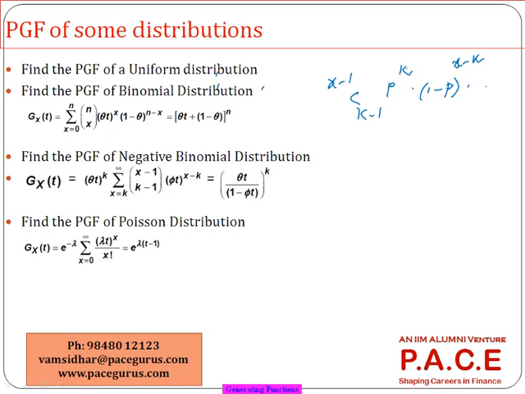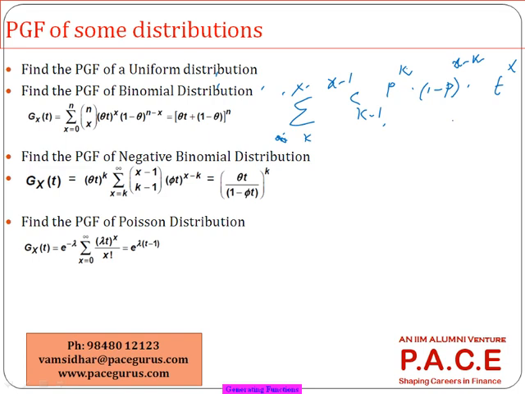And as we said, to find the generating function I have to multiply it with t^x and then do a summation. In the case of negative binomial, I will have values from k, because I need at least k successes, so the number of attempts cannot be less than k. So from k onwards we are doing a summation.